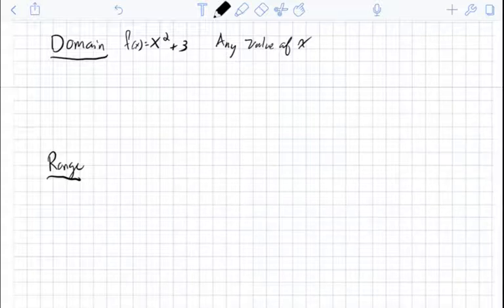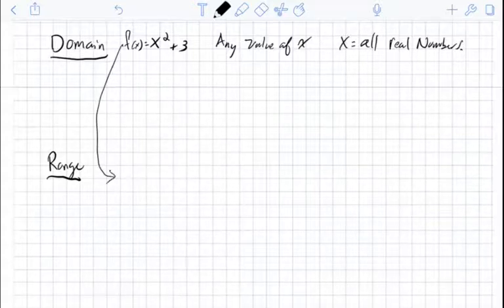So I can put any value of x into that expression and get out an output. So x, all real numbers, like we said before. Okay? The range of this expression, though, I gotta tell you, sometimes it's all real numbers, sometimes it isn't. It's a real mess. We're gonna talk about this at a later date.